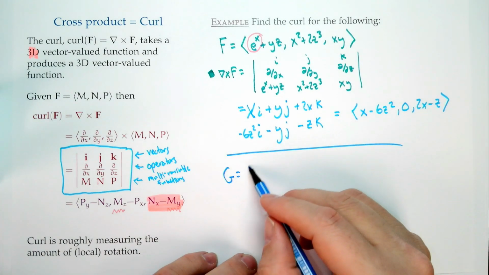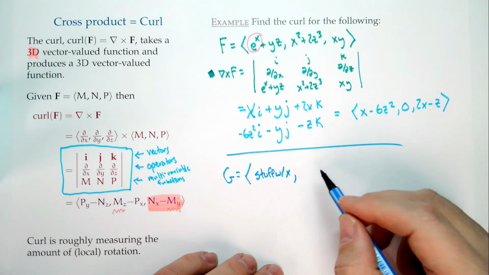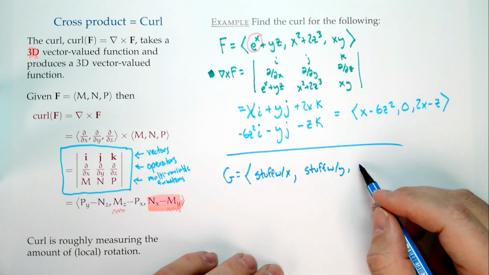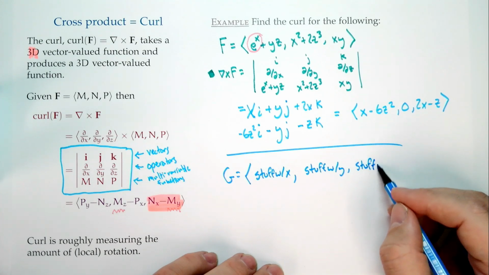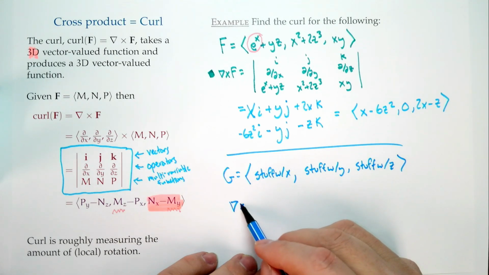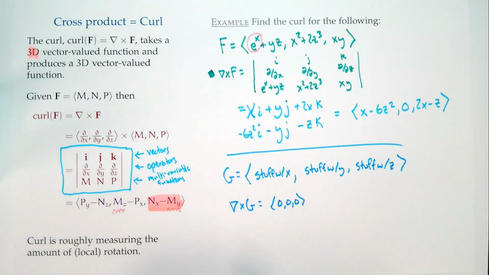So if I say g equals, say, stuff with x and stuff with y and stuff with z, if that's my g, then it turns out that the curl of g is going to be 0, 0, 0. Because every time I take a derivative here, it's the derivative with either y or z, so I get 0. There, the derivative is either x or z, so I get 0. And there, the derivative is either x or y, so I get 0.